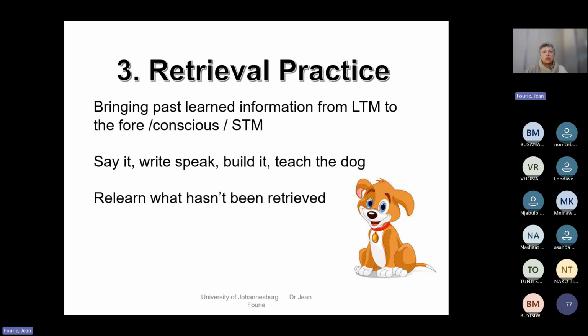You're thinking, what are the things that I recalled that were inaccurate or that I forgot about, and you're checking to see, have you covered and been able to recall everything that you should be able to on that particular aspect. So you're relearning what you were unable to retrieve from long-term memory.